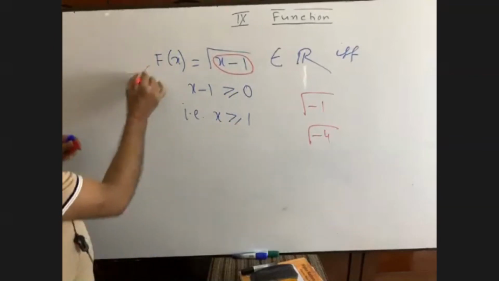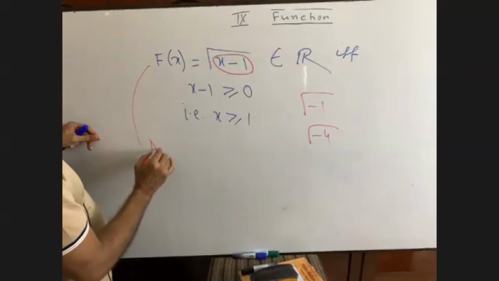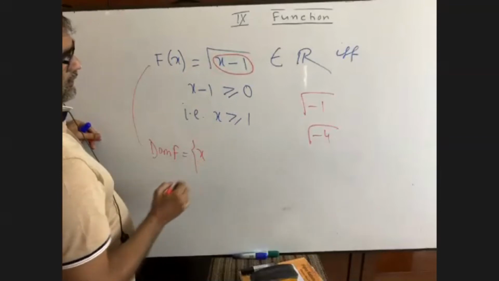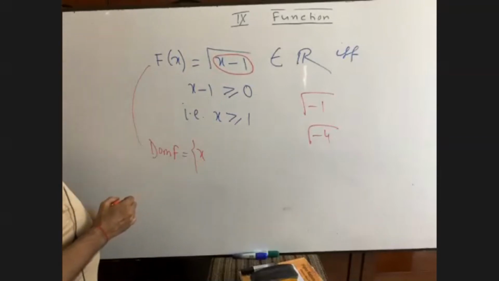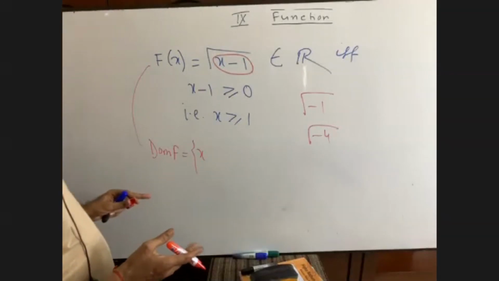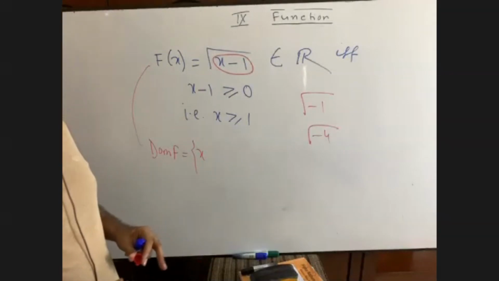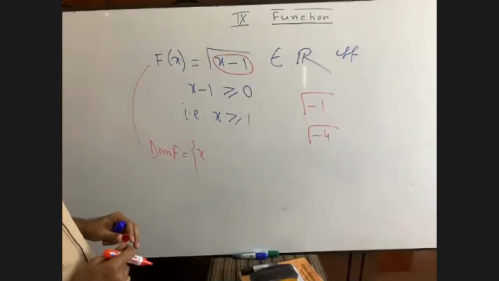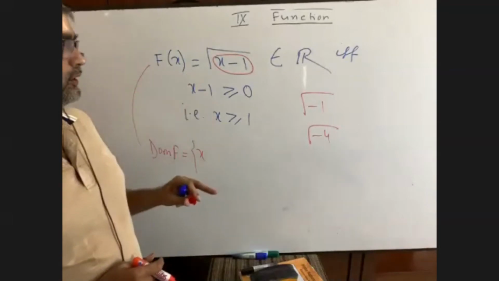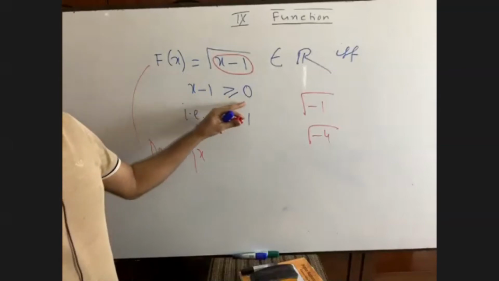So here the domain is, write down, domain is... Why did you write greater or equal instead of not equal? Not equal will be applicable for fractions. But for a square root, it will always be greater than or equal to 0.